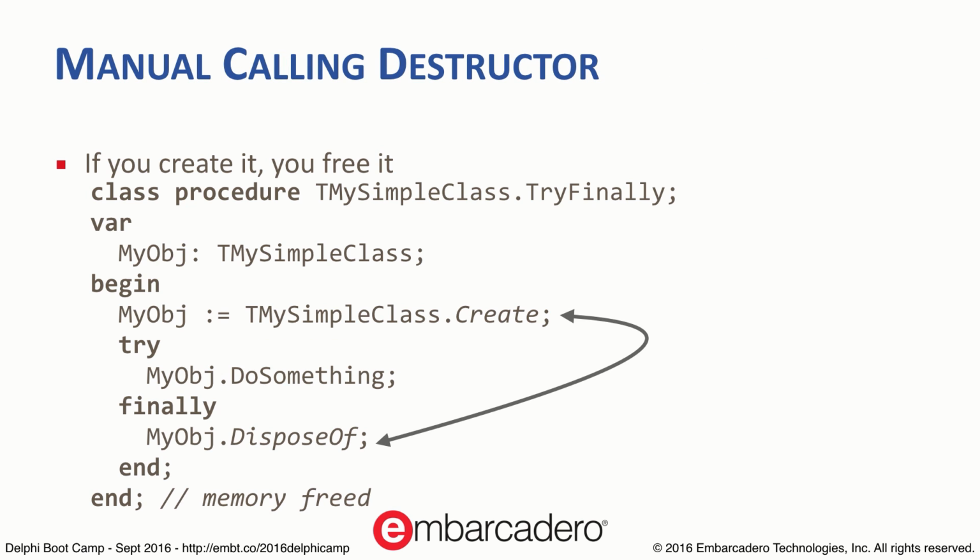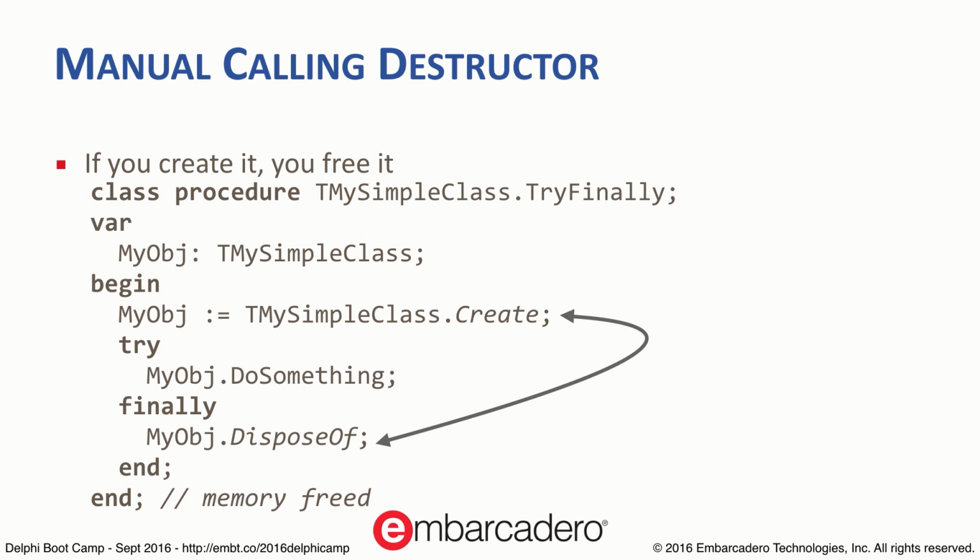If you want to manually call your destructor, you can do that by calling DisposeOf. DisposeOf is actually compatible between both the desktop compiler and the mobile compiler. What DisposeOf does is call free on the desktop, or just call the destructor on the mobile compiler. So on the desktop it will free the memory, but on the mobile compiler it just calls the destructor.